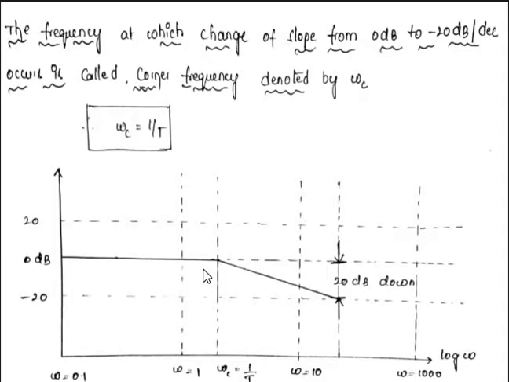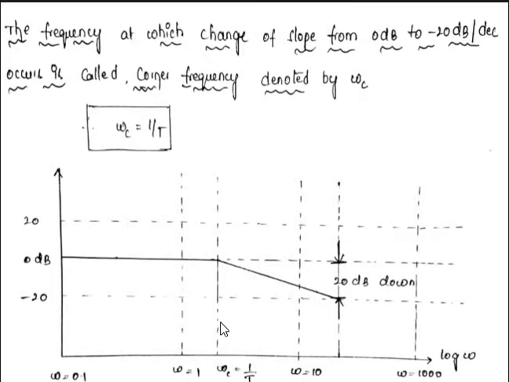Up to the corner frequency, the magnitude is 0 dB only, a straight line. After the corner frequency, the magnitude plot is drawn at minus 20 dB per decade. From here we start decreasing 20 dB per decade. From here to here, 10 different values will be there.